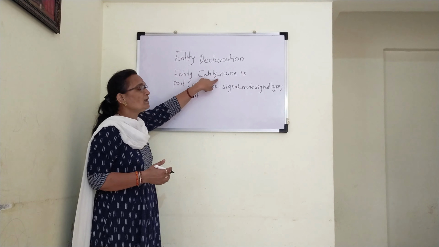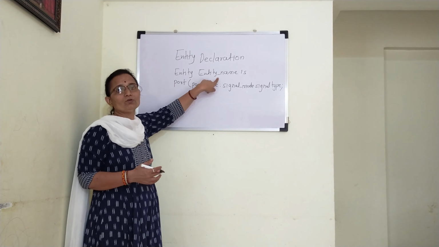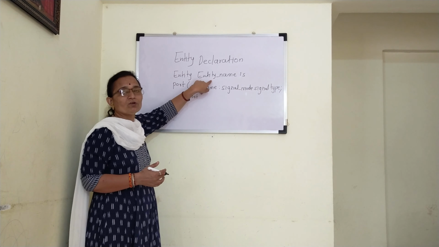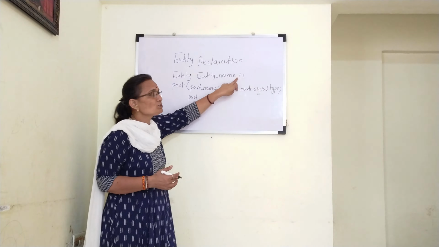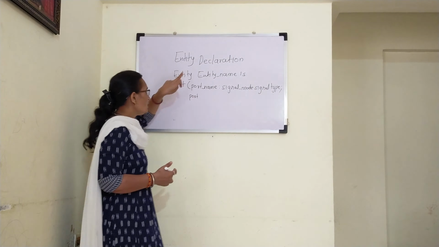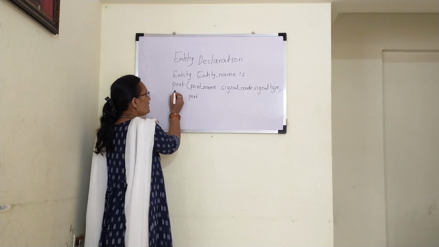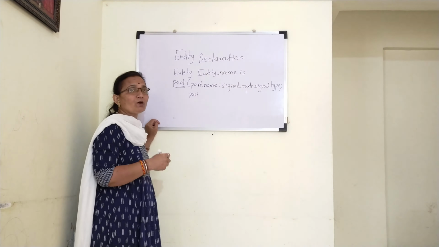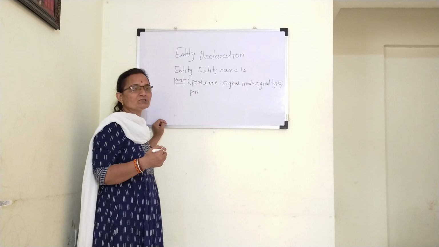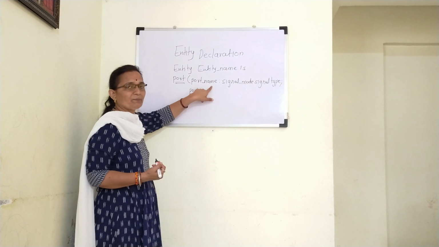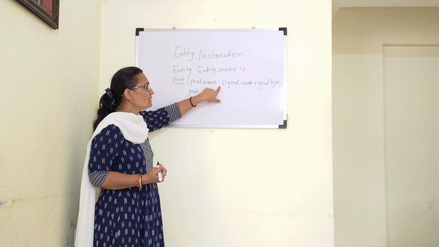Entity name: you can give any name for your entity. Then is. Here I mentioned the entity name, then is. Then port. Port is a very important word here. Under this port you have to mention what the input ports and output ports are. So port name, then colon, then signal mode.